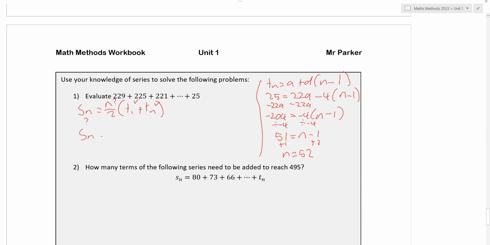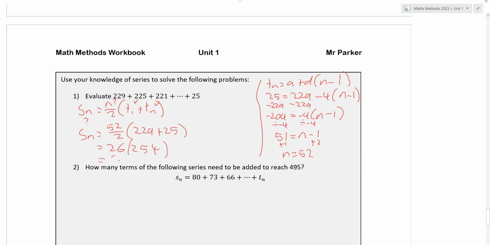So Sn equals 52 over 2, bracket, 229 plus 25. And when you chuck that into the old calculator, what do you get? Oh, I meant the final answer.